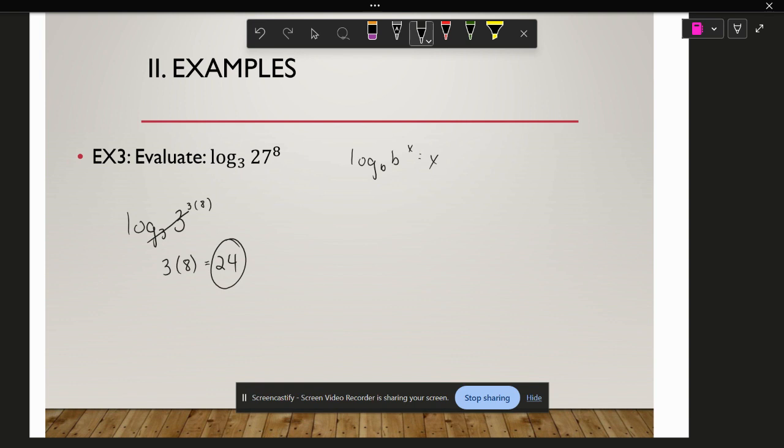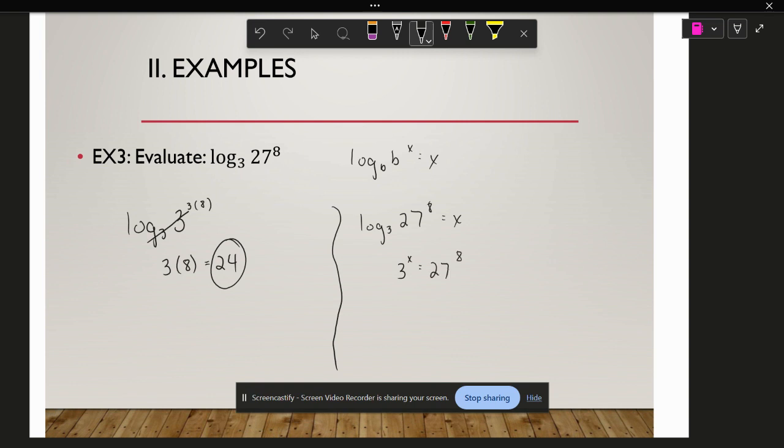If for some reason you forget this, though, it happens. You guys have a lot on your minds. If you forget that, there is another way. This is a method that I've shown some of my regular students, and it works well. Say, for instance, I've got the same log base 3 of 27 to the 8th. If you set it equal to x, you can change it to an exponential. You can say 3 to the x is equal to 27 to the 8th.